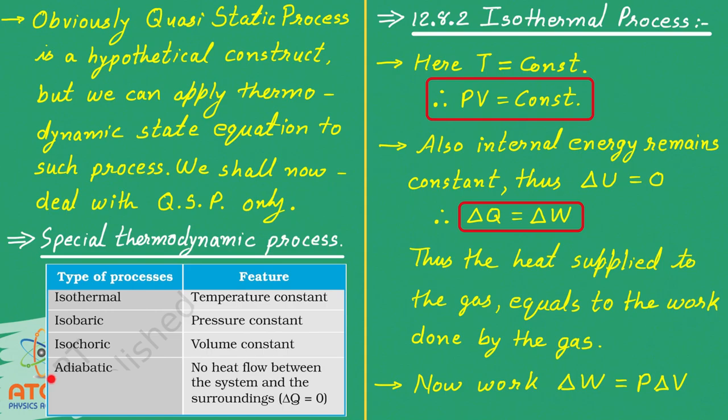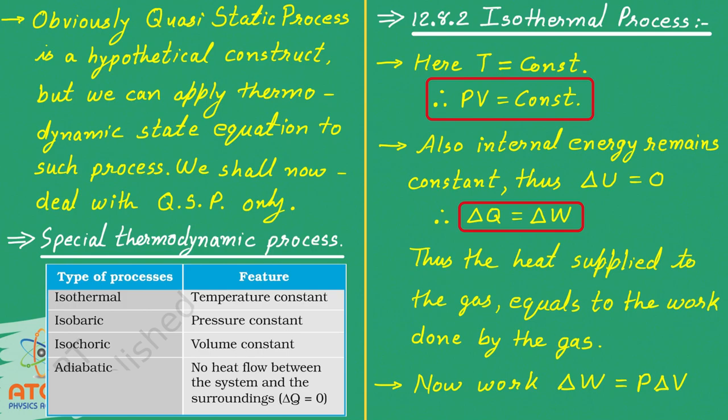And when we talk about an adiabatic process, heat remains constant, but in this process temperature may increase and may decrease too. Yes, in an adiabatic process heat is remaining constant, but the temperature of the system may increase or decrease. Alright, so that is the difference between isothermal and adiabatic.